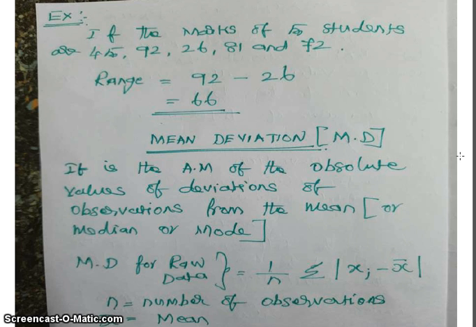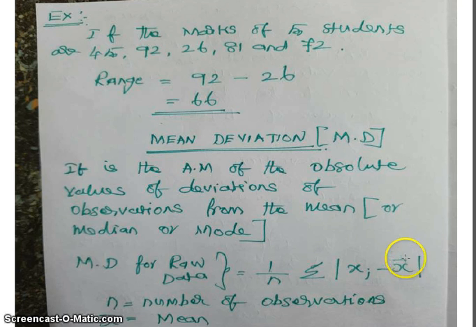From the mean value, see how much each data point is deviated. For example, if x bar is the mean value, then take the difference between the individual x value and x bar, that is xi minus x bar. Sometimes you will get the difference as a negative value.